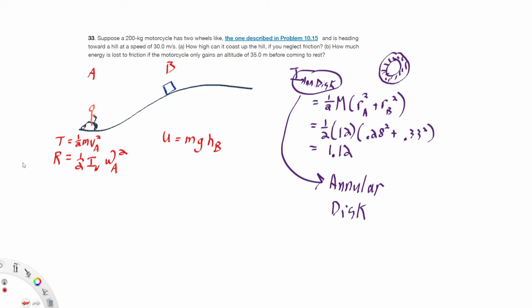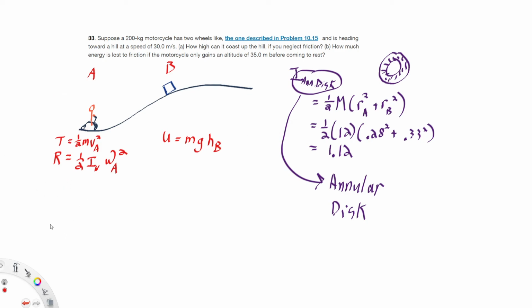Well, mathematicians and physicists love their fancy words, so stick around, you'll hear more of them, for sure. Alright, so now that we've got that, we can... Oh, yeah, sorry, Casey. Has a hole in the middle of it. So an annular disk is like a solid disk, except the middle's cut out, which is basically what a wheel is.